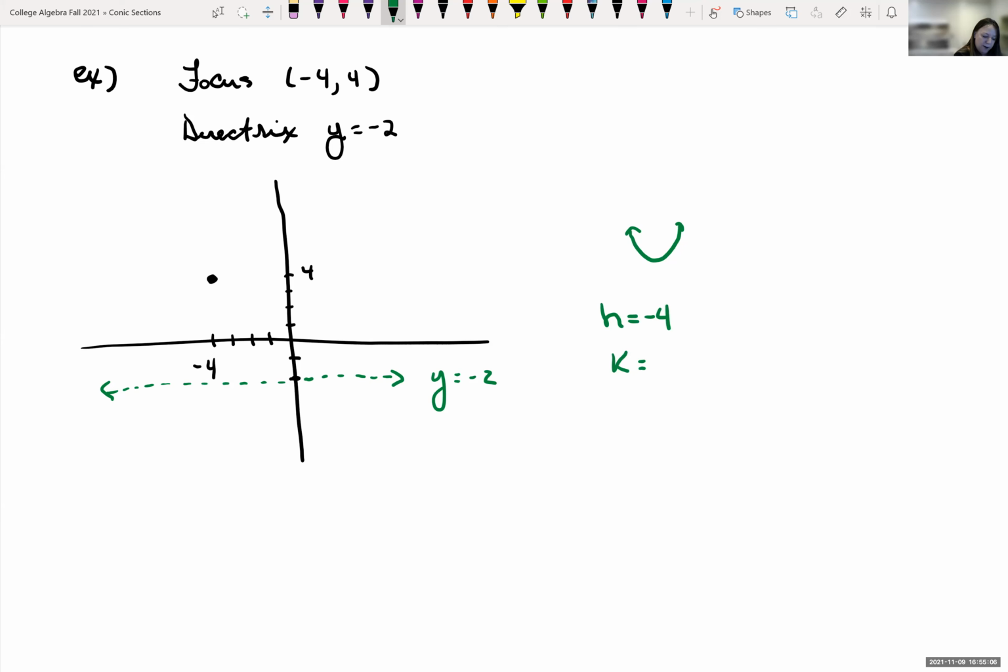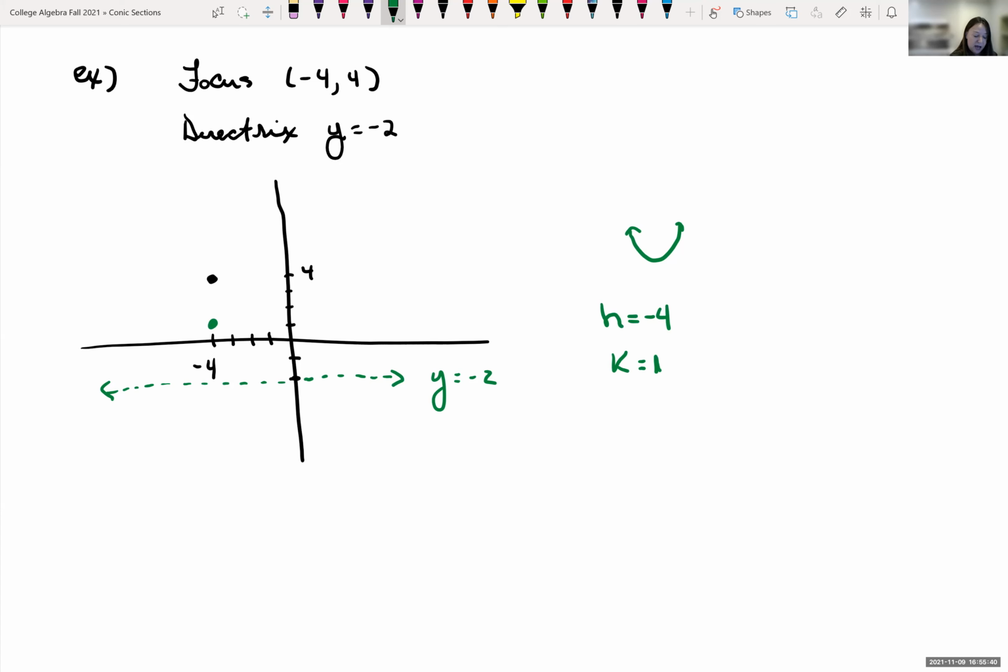Well, the halfway point between -2 and 4. If I just think of that distance, -2 to 4, that's 6. And so halfway of 6 is 3. So I need to go up 3 from my directrix or down 3 from my focus to get to my vertex. And so if I go up 3 there, that tells me that the y value of my vertex, k, is 1.